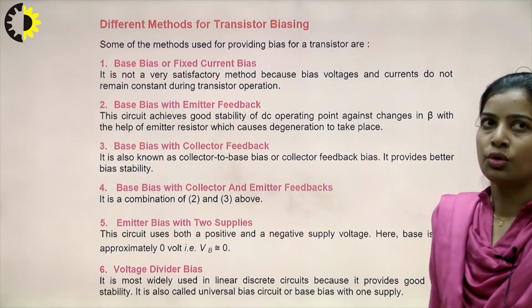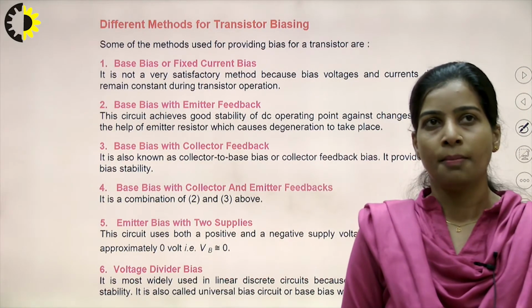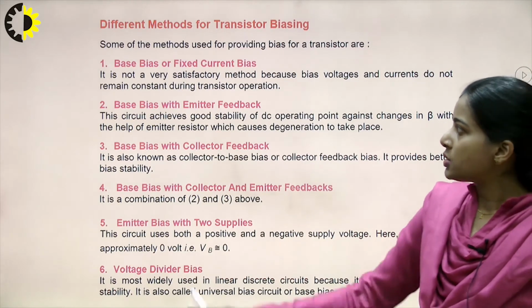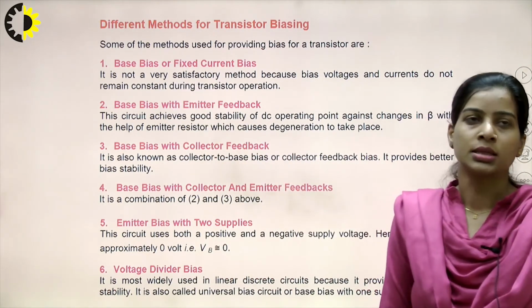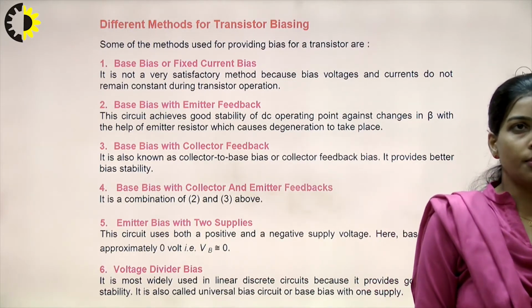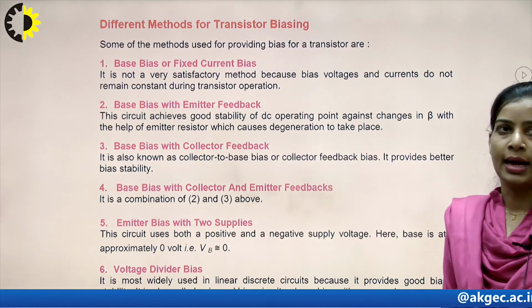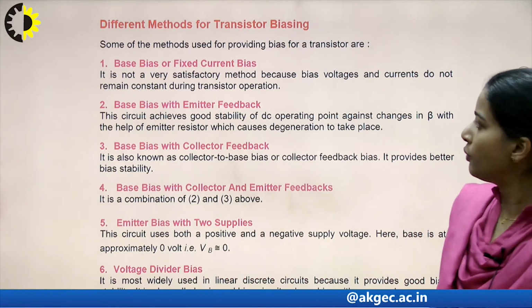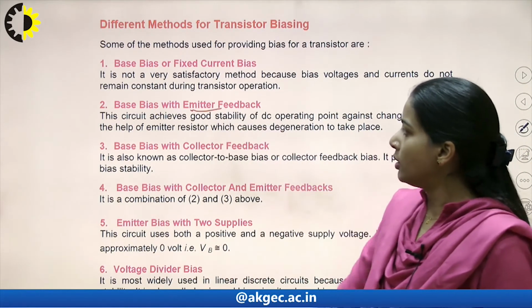First, we should know what the different biasing configurations are for any bipolar junction transistor circuit. First we have base bias or the fixed current bias, which is not very popularly used, as it has many drawbacks. The second one is base bias with emitter feedback. In the same circuit we put a feedback loop.